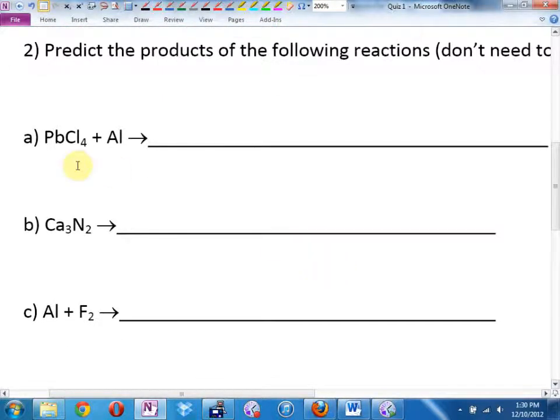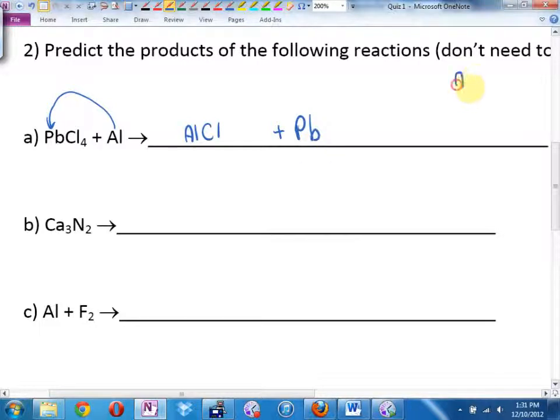Well, looking at this, I have two ingredients, and I'm going to add one ingredient. I'm not going to get three ingredients. I'm not going to get three things in the next compound. I think this aluminum is going to bump this lead. I think I'm going to get Al, Cl, and lead. If you got that, that gets you a half mark, but you also have to do the crisscross properly.